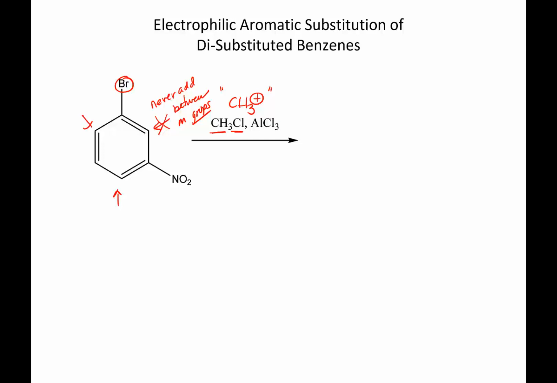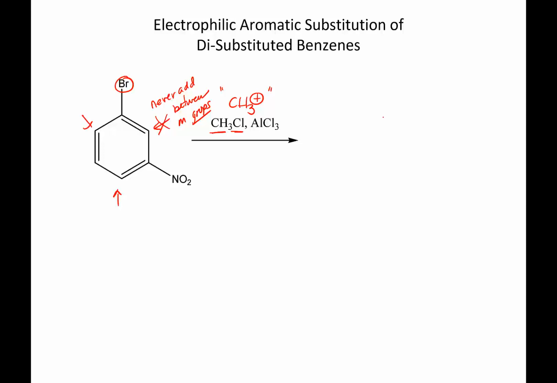And there's going to be times when we're going to invoke steric hindrance to even say that electrophile is going to add only para and very little of it's going to add meta, but not right now. So right now we're just going to say you never add in between meta substituents.